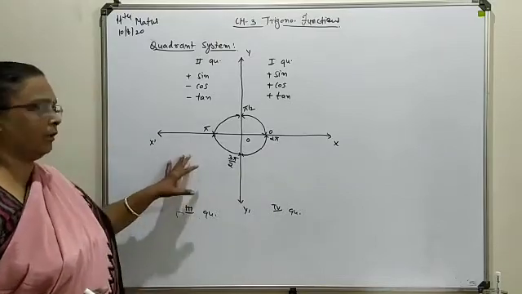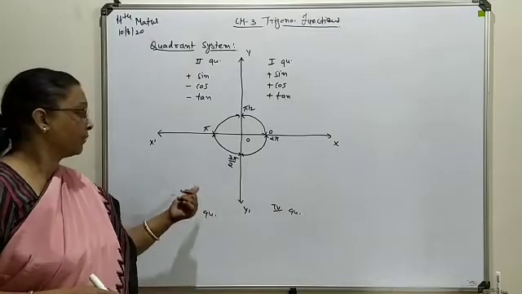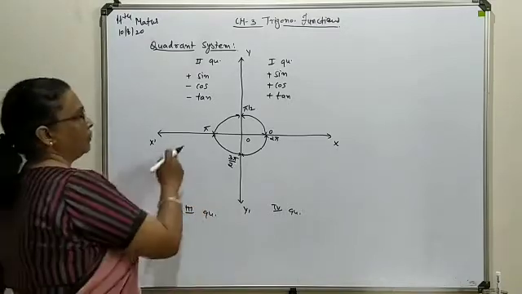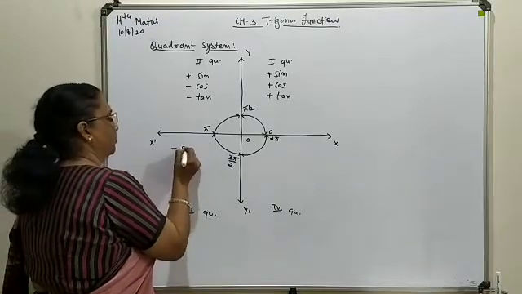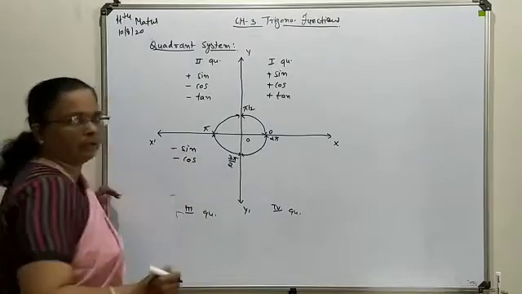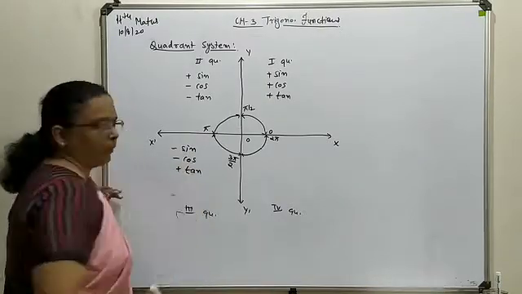Now the third quadrant: we have written it directly. Here you can see your sine carries a negative sign, cos carries a negative sign, and your tangent obviously will turn positive.